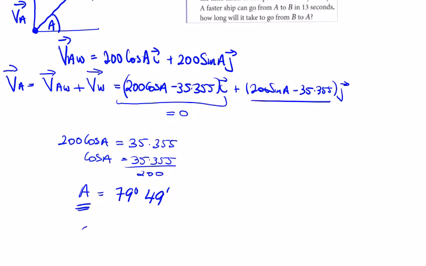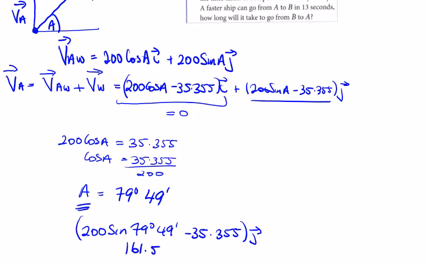So we're going to have 200 sine 79 degrees, 49 minutes, minus 35.355 in the J direction. And putting that into a calculator, that is going to give me 161.5 kilometers an hour. It's the max speed of traveling due north.